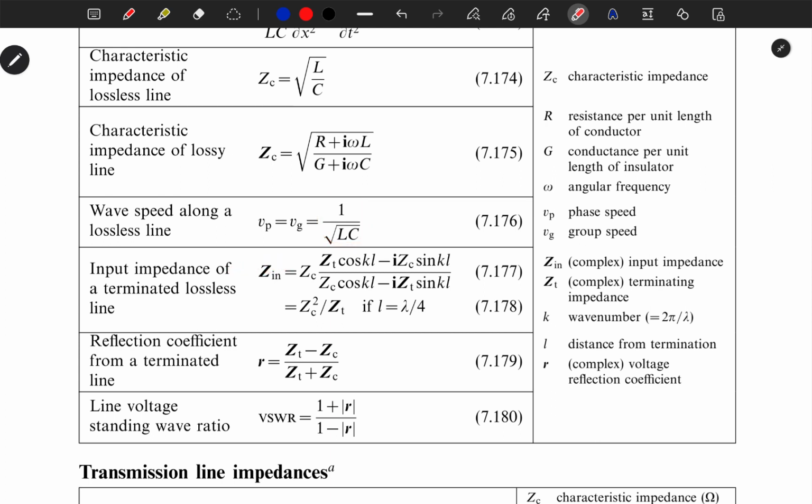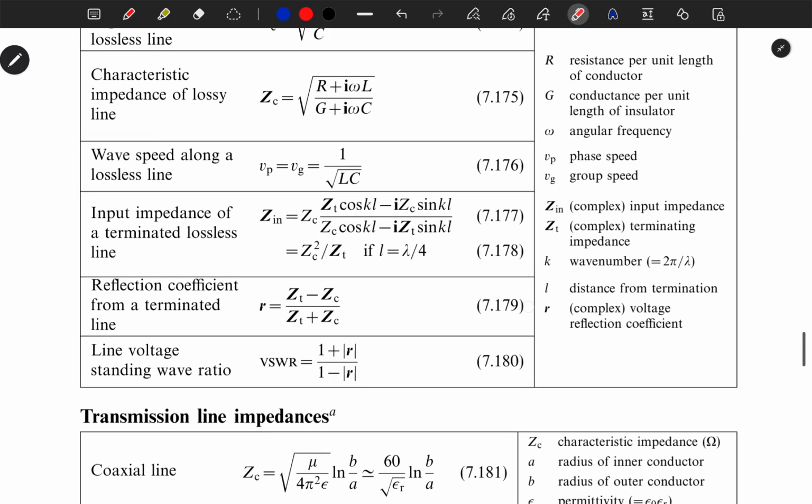Input impedance of a terminated lossless line has the following complex form. Reflection coefficient from the transmission line equal to r. Voltage standing wave ratio VSWR equal to 1 plus r by 1 minus r.